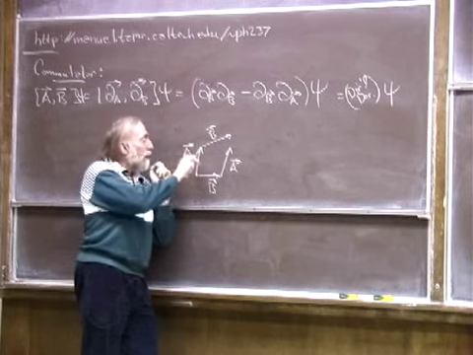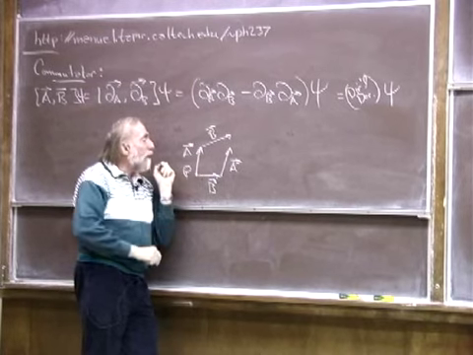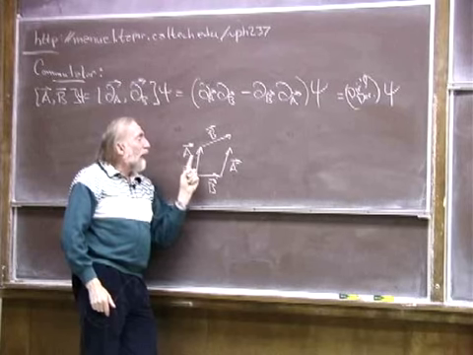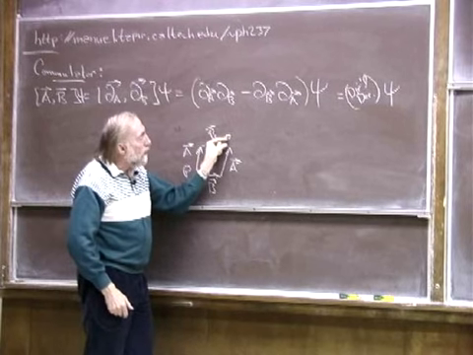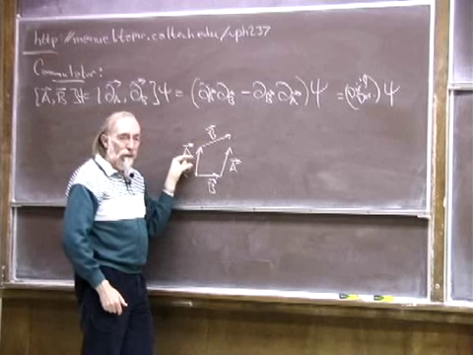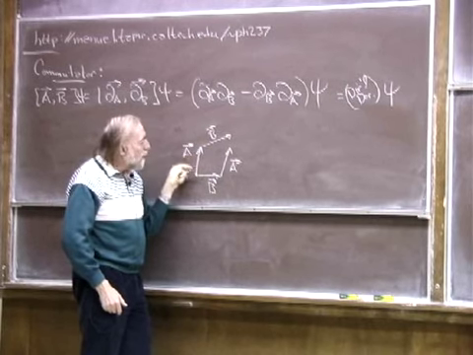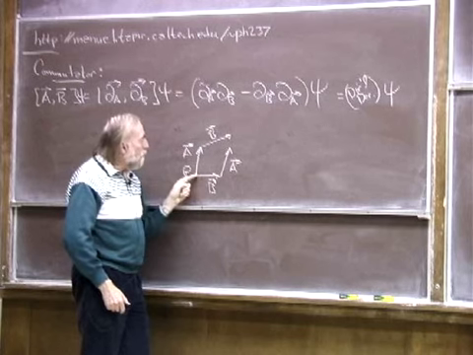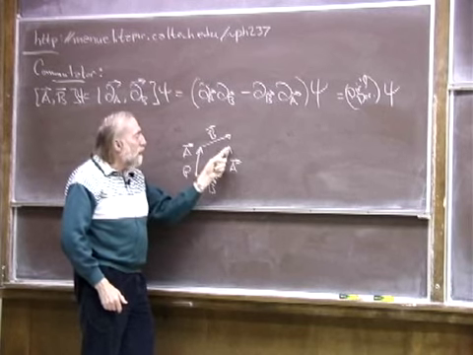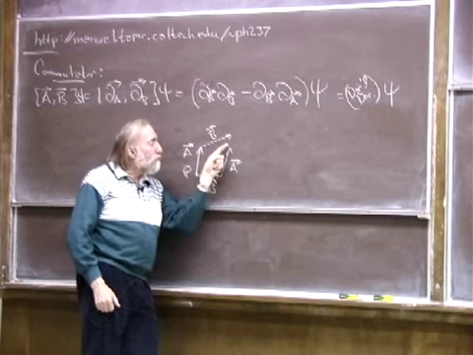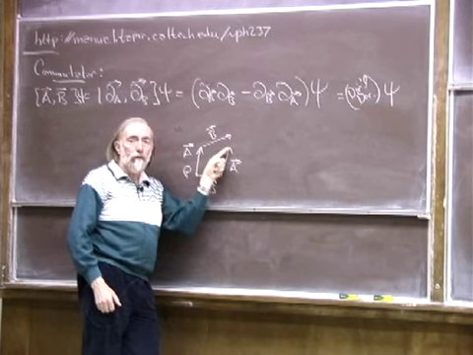If I shrink A and B down, then if you think about it for a few minutes, you recognize that this gap will shrink as the square of the size of the diagram. If I cut B down by a factor of 2 and A down by a factor of 2, this commutator, or this failure to close, will get smaller by a factor of 4.